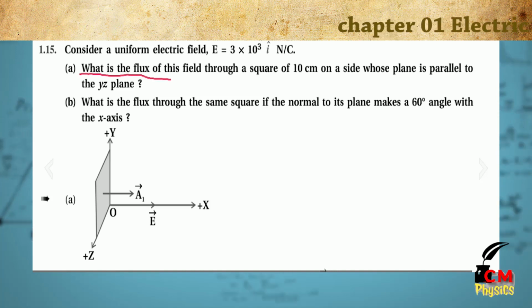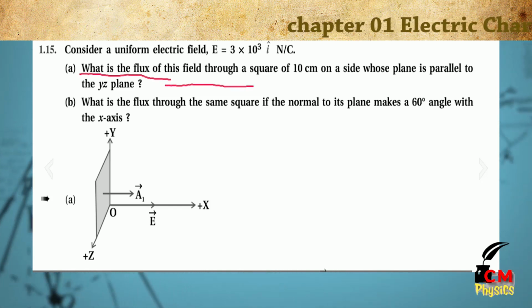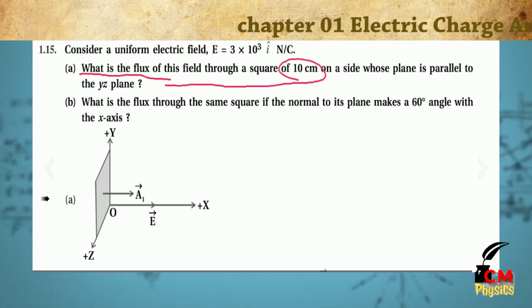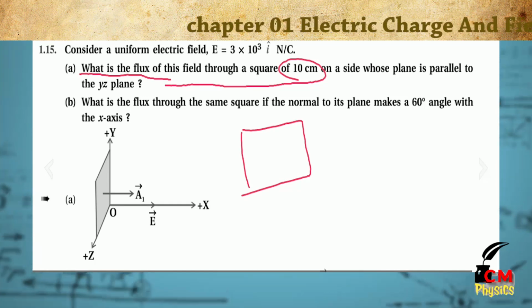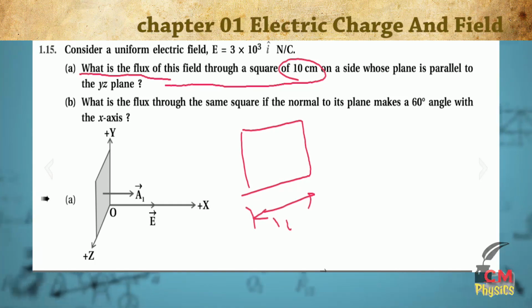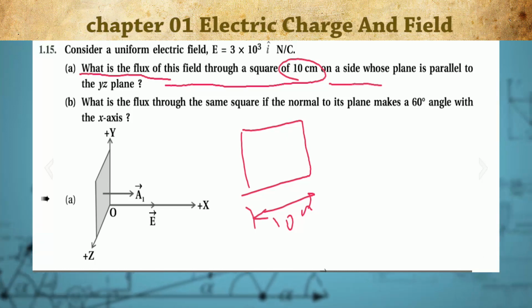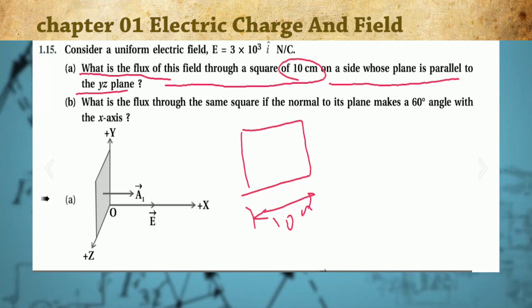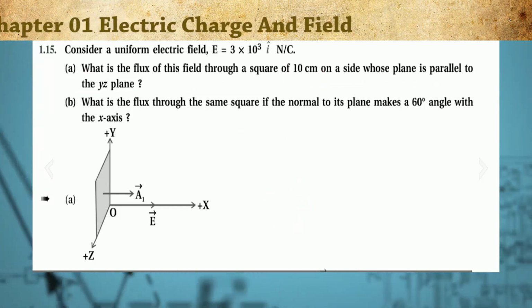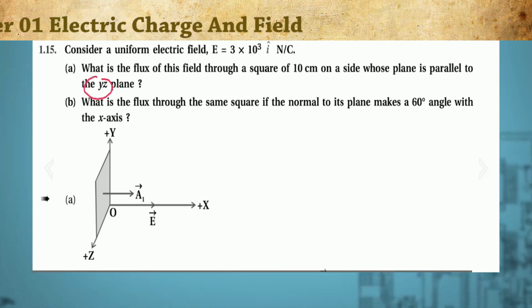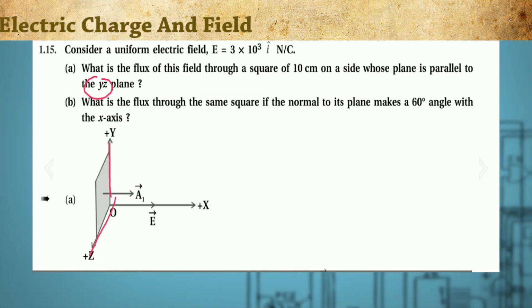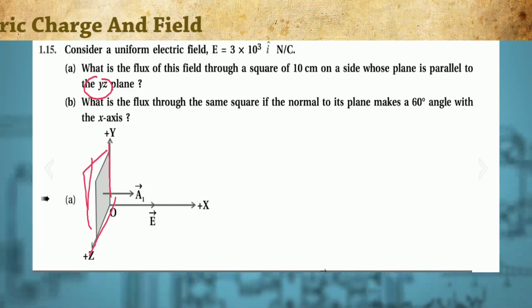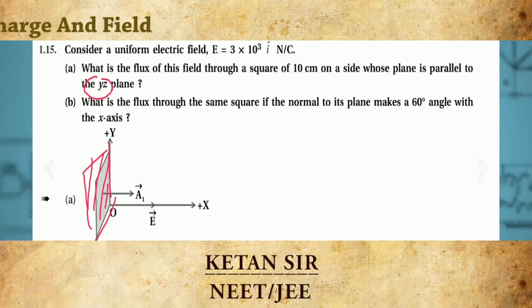What is the flux of this field through a square of 10 centimeter side whose plane is parallel to YZ plane, meaning the plane is placed inside the YZ plane. Here is the y axis, here is the z axis, then the plane is placed here in the YZ plane.